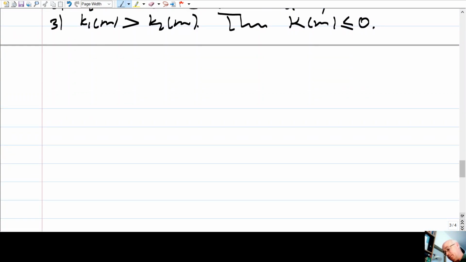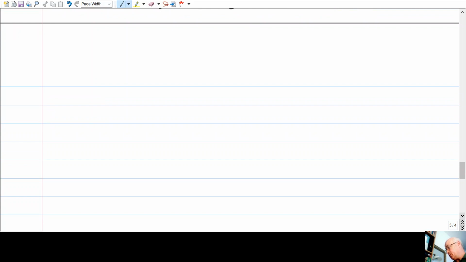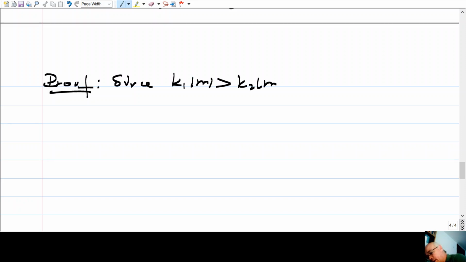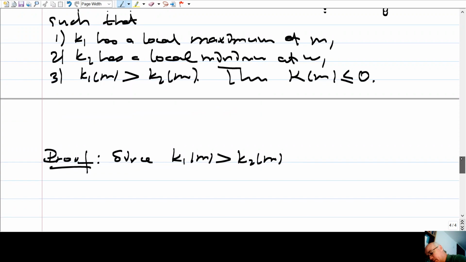Okay, let's see why this is the case. Well, since k1 at M is larger than k2 at M, right? This is the assumption.